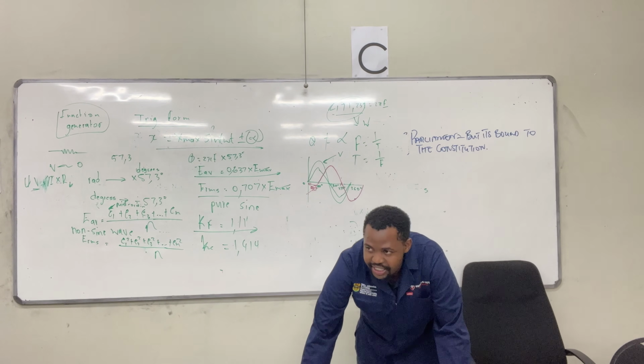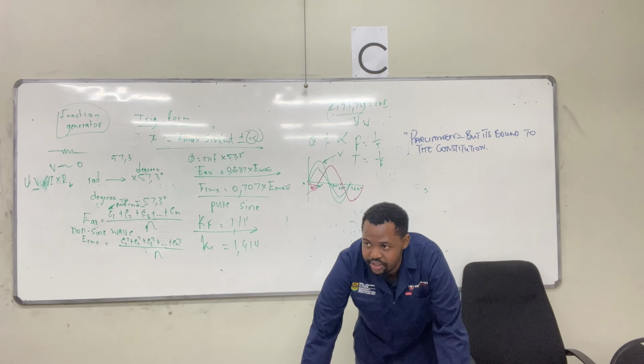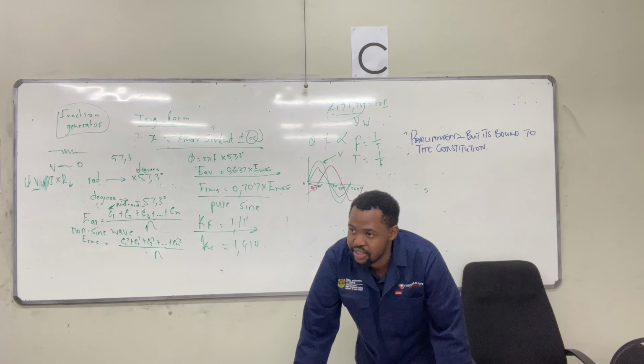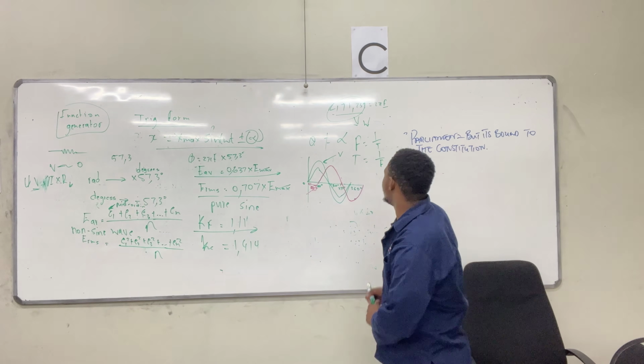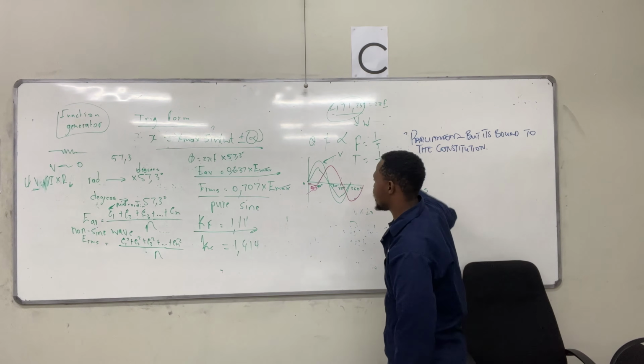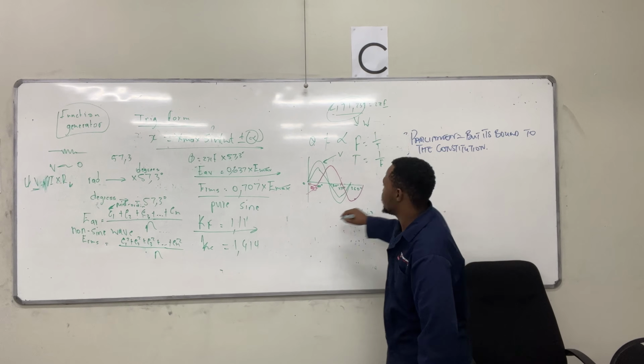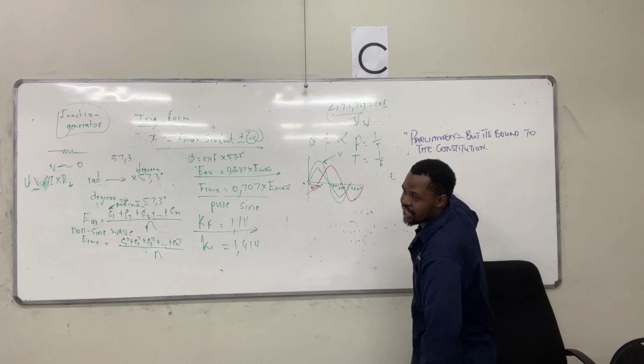Basically, the time helps us find the instantaneous current or instantaneous voltage. It's not the time that is required to complete a cycle.